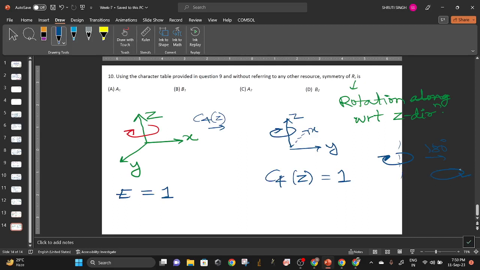It was this side, it will come like this, but the rotation is still clockwise. Rotation is not changing. So under C2z as well, it is 1.